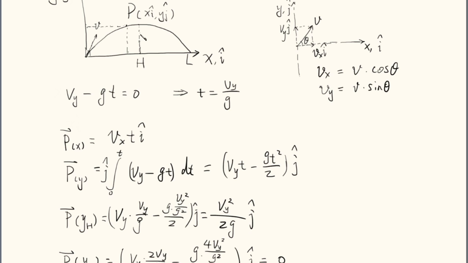At point A, when the object arrives at the highest point, the time spent is Vy over g, and the distance traveled on the vertical direction will be the position of the object on the vertical direction, Py_H.